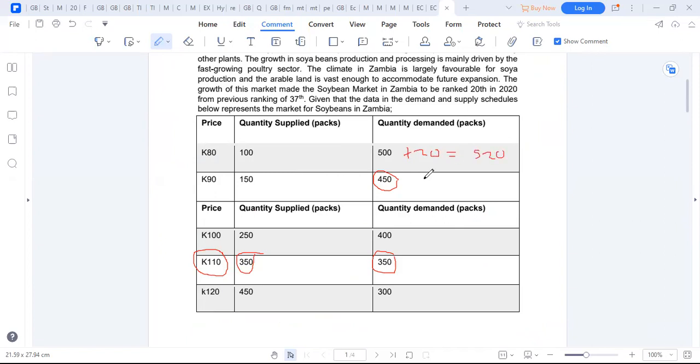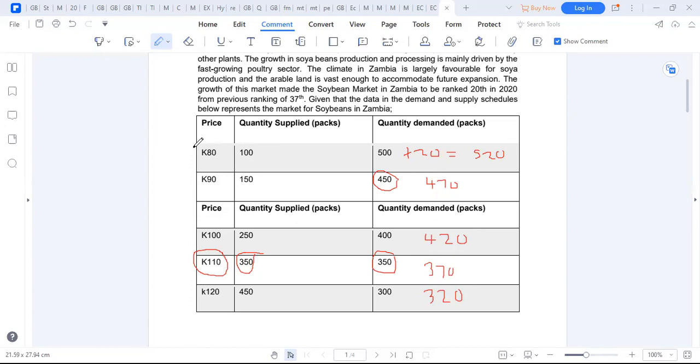And here, 470. And here, 420. And here, 370. Here, 320. So we are asked to recalculate the elasticity of demand.